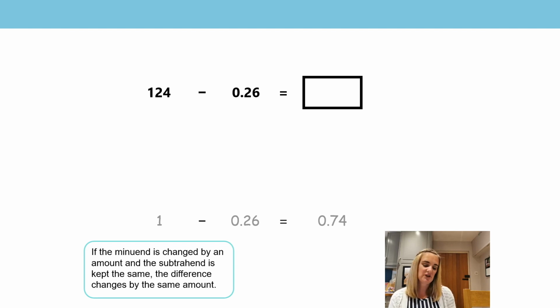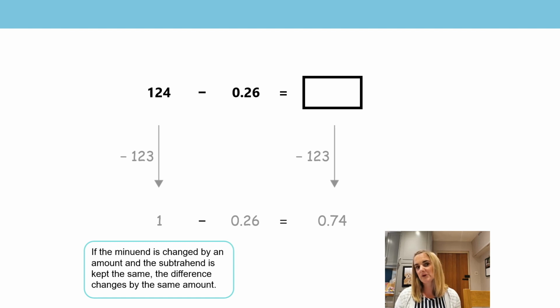Then the difference changes by the same amount. Well, we don't know what the difference has changed by because we've not been told it. We only know the difference on our final calculation and our related fact. But we do know that 124 has decreased by 123. So whatever our difference must have been has also decreased by 123.